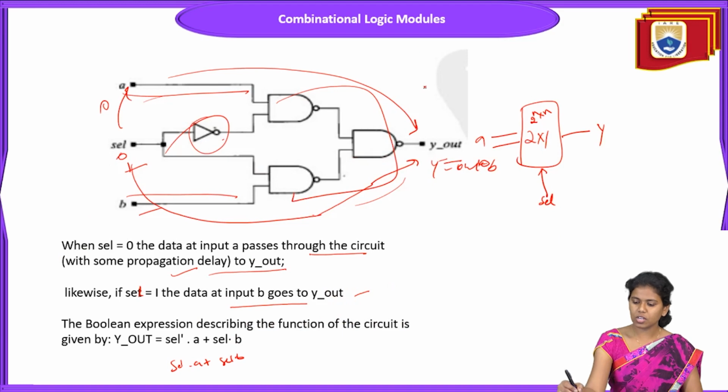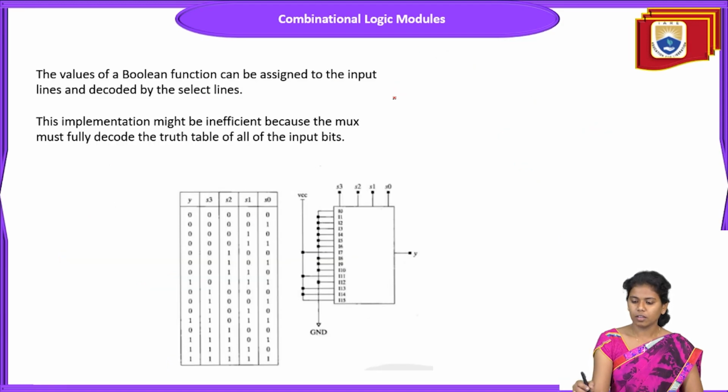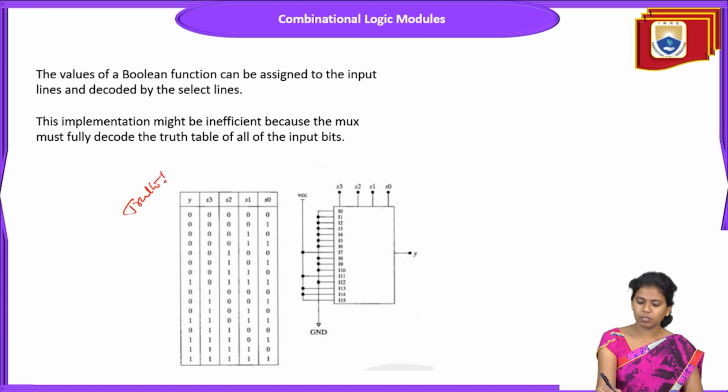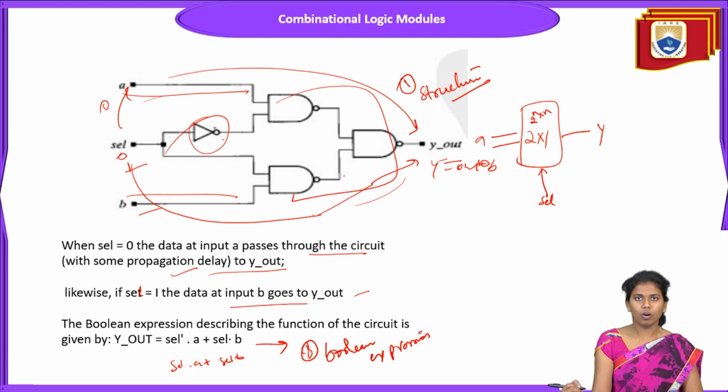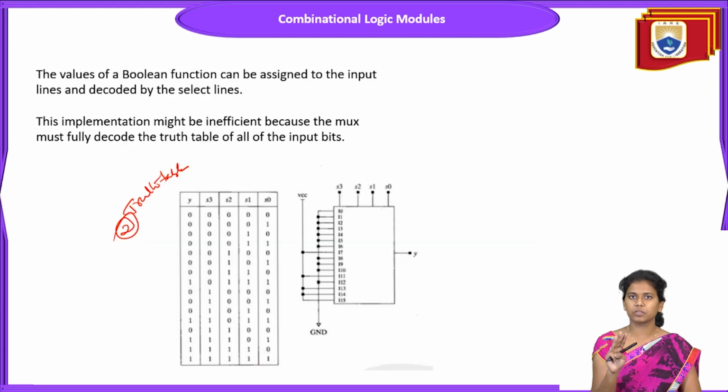So we got a structure first, a truth table second, and here it is a Boolean expression. Whenever you're considering a combinational circuit, we have to consider three things. One is the structural form, the second is a truth table, and the third is a Boolean expression. These are related to one another.